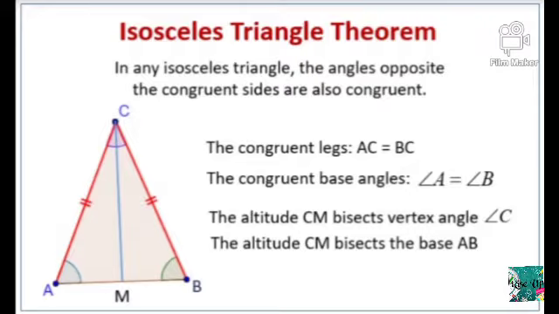Then the bisector CM bisects the base AB and bisects the vertex angle ACB. Therefore, the angle ACM equals the angle BCM. So this is the first theorem of the isosceles triangle.